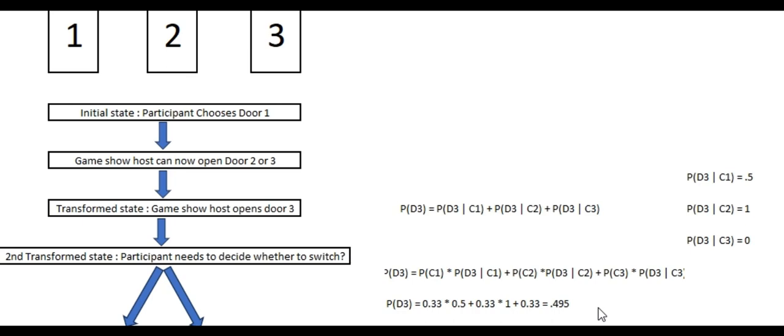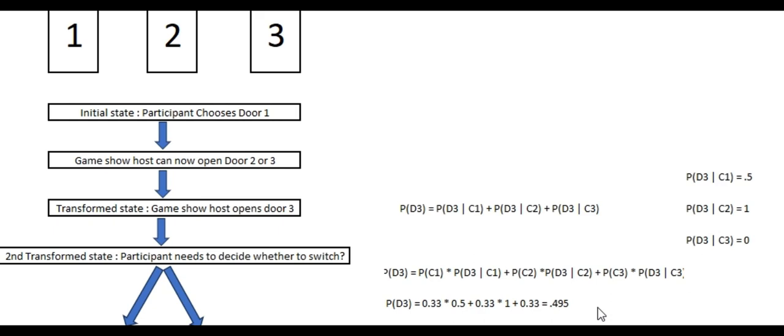Now that we've established the probability of the game show host opening door 3, let's move to the second state of transformation here, which is the participant choosing to either stick with their original option of door 1 or switching to door 2.